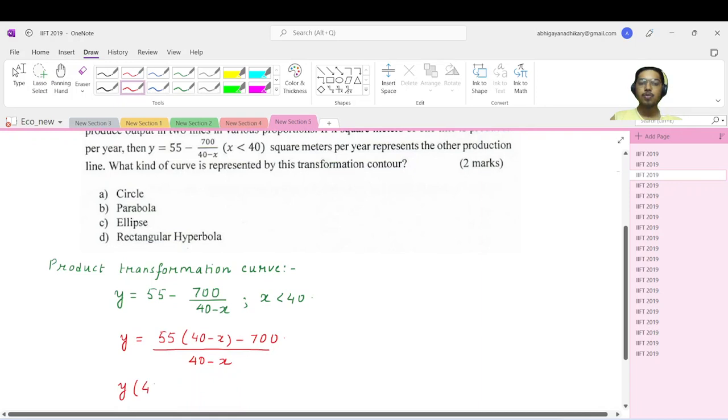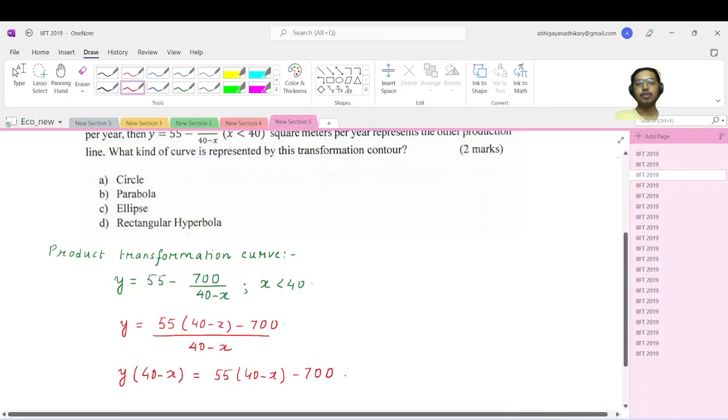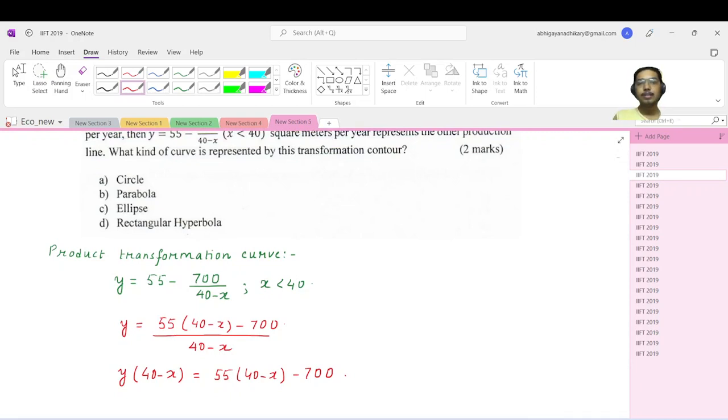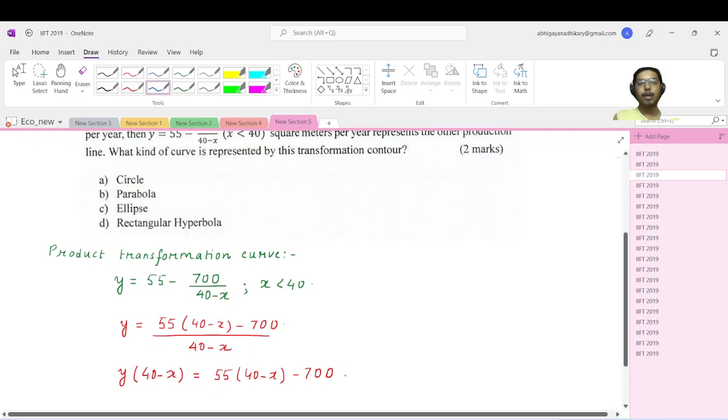So y into 40 minus x equals 55 times 40 minus x minus 700. Okay, so this is the equation structure that we are getting. Now let us have a look at the options. You'll be able to understand.